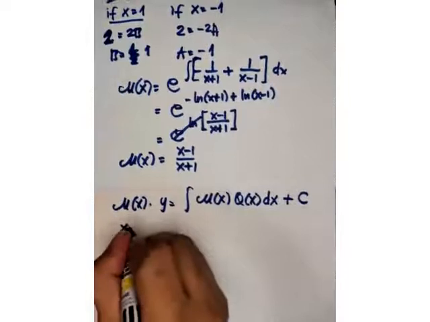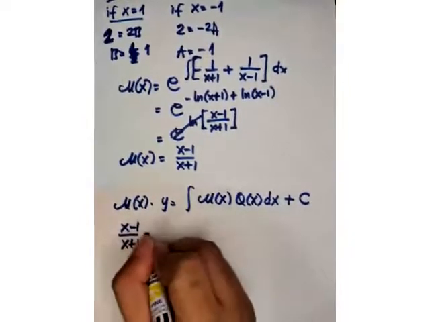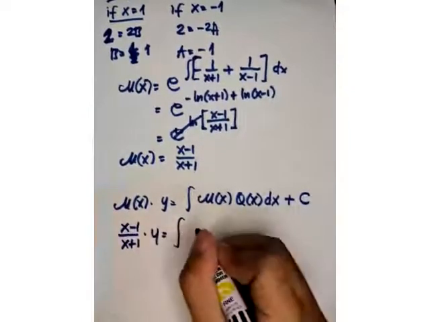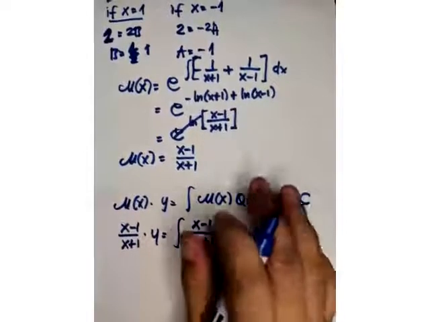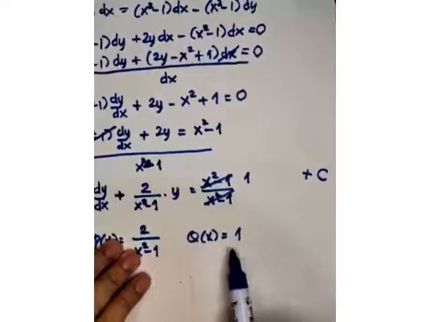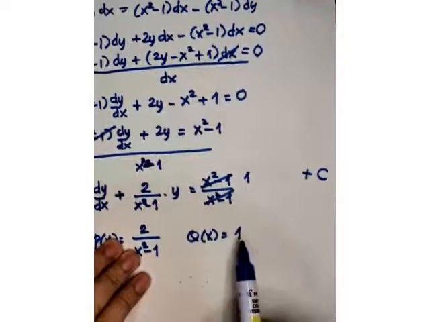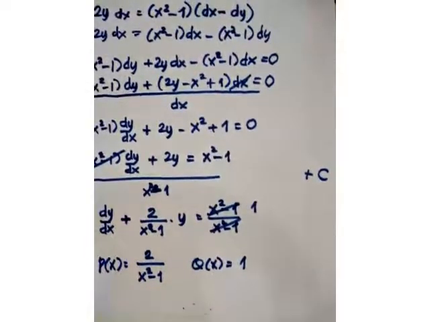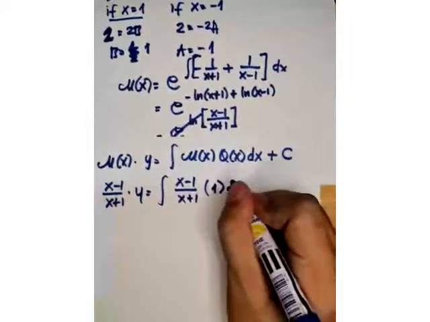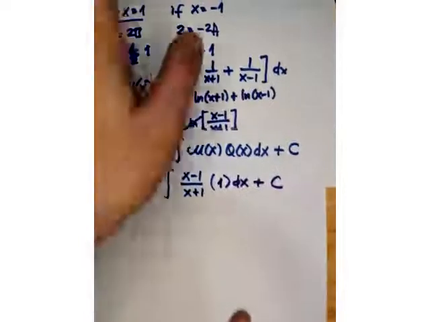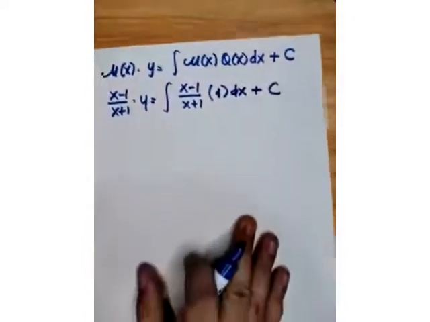Okay, so that is x minus 1 over x plus 1 times y is equal to the integral of x minus 1 over x plus 1 times, okay, what's our q of x? Okay, our q of x is 1, times 1 dx plus c. Ayan. Okay?